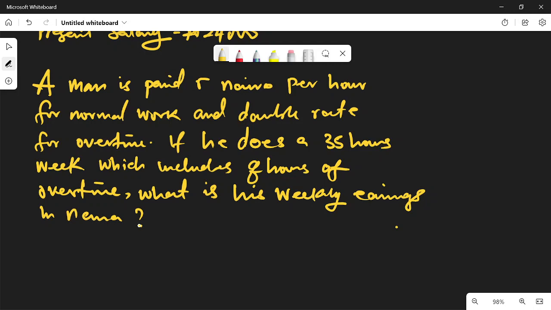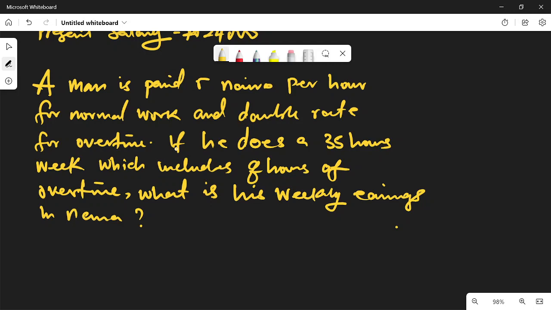So we are told that a man is paid R naira per hour for normal work and double rates for overtime. If he does a 35 hour week, which includes Q hours of overtime, what is his weekly earnings in naira? So they are always paying him R naira every hour.